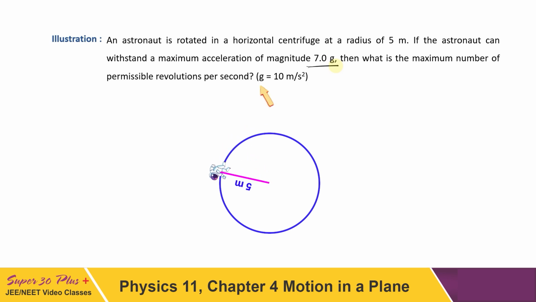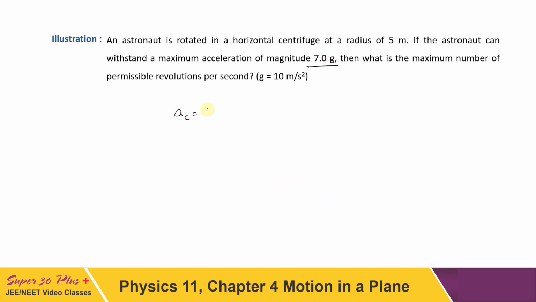Okay, so let us write the centrifugal acceleration. Now centrifugal acceleration, as you all must have heard the term, is just opposite to centripetal, but magnitude wise both are the same. So centripetal acceleration will be equal to omega square r. The same is centrifugal, and that acceleration has to be equal to 7g. So its magnitude is 7g.